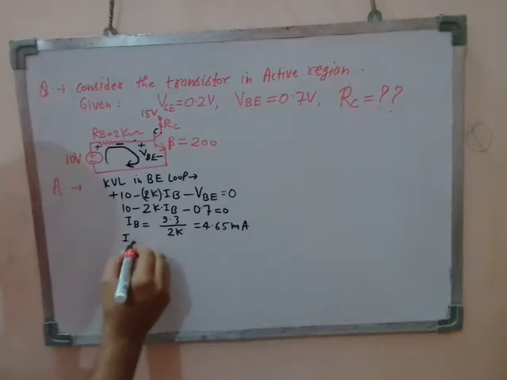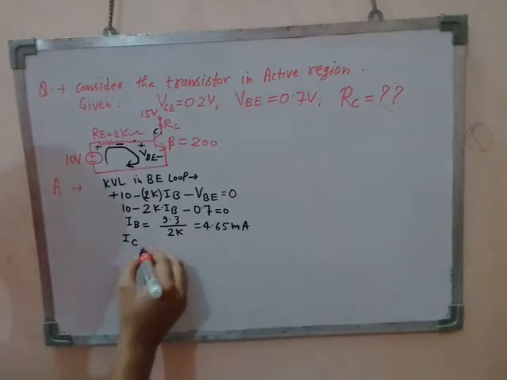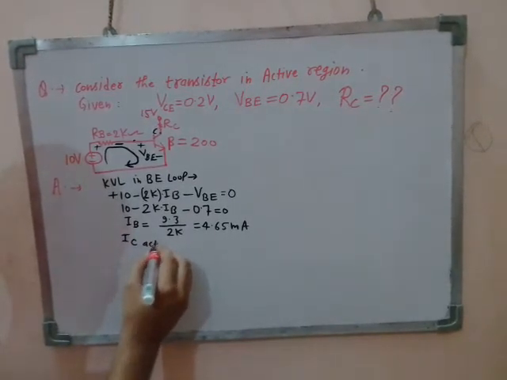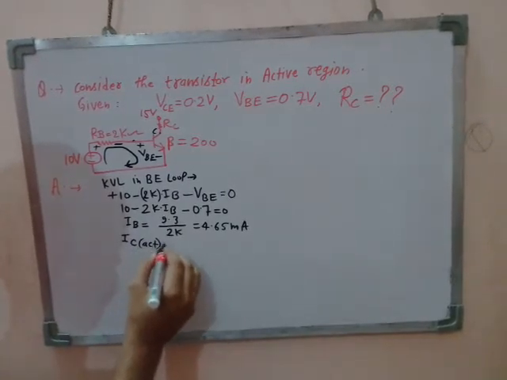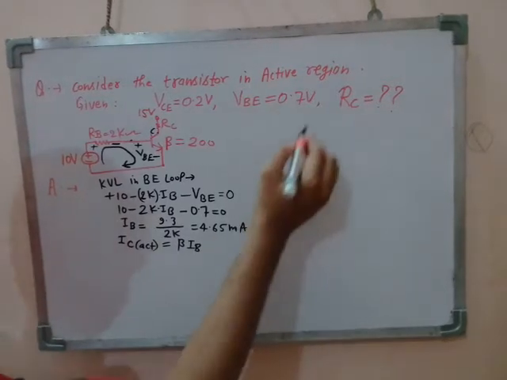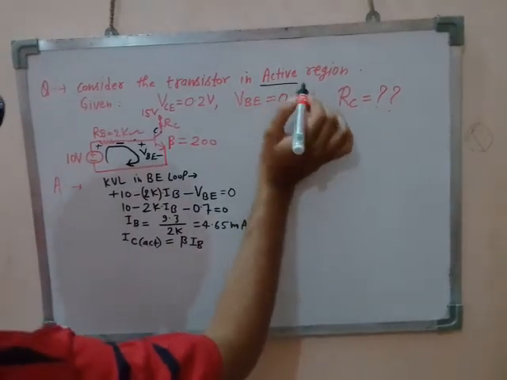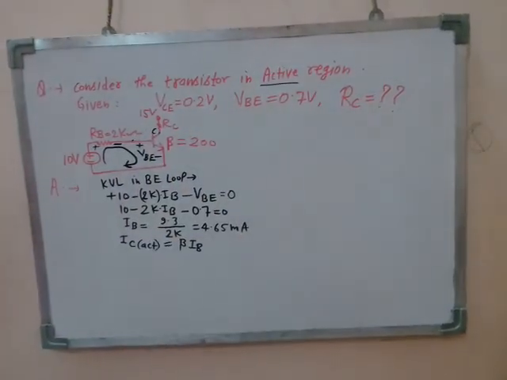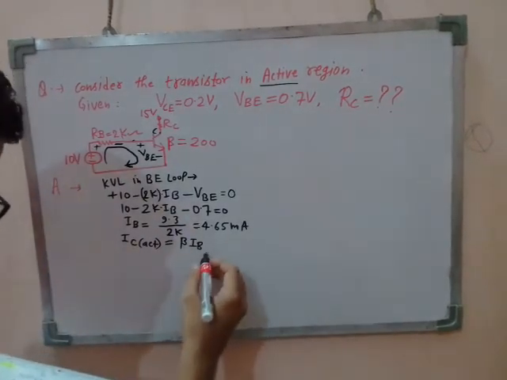Now what is the collector current, which is basically the active value of the collector current? IC active equals beta times IB. You know this, since he is already saying that the transistor is working in the active region.